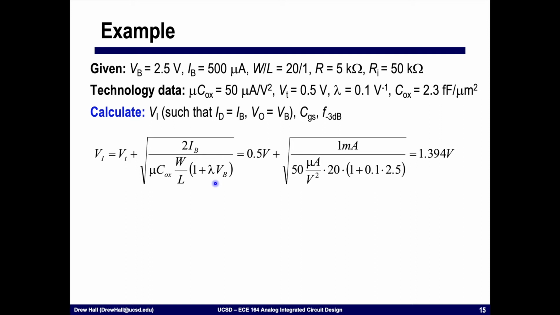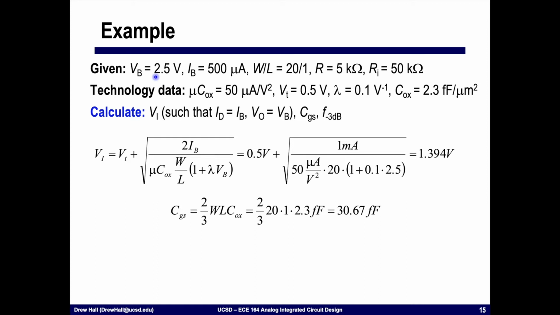And so if I start to plug in numbers into this expression, I need 500 millivolts from VT plus 2IB, which is 1 milliamp, divided by 50 microamp per volt squared, times 20, that's the aspect ratio here, times 1 plus lambda, 0.1 divided by volts, times VB, which was 2.5 volts. Okay, and so this gives me an input voltage of 1.394 volts.